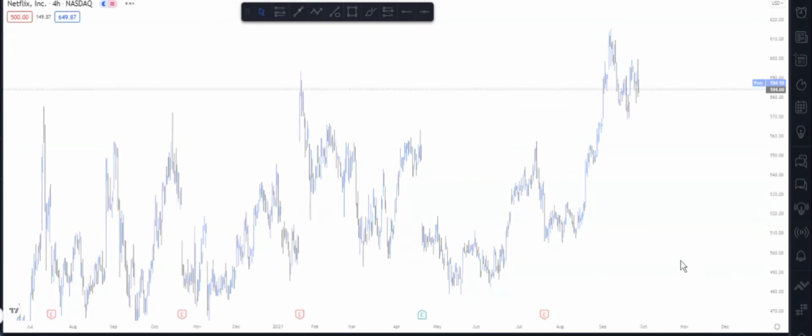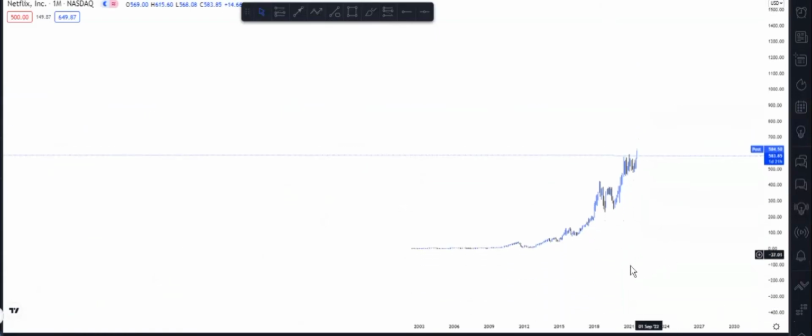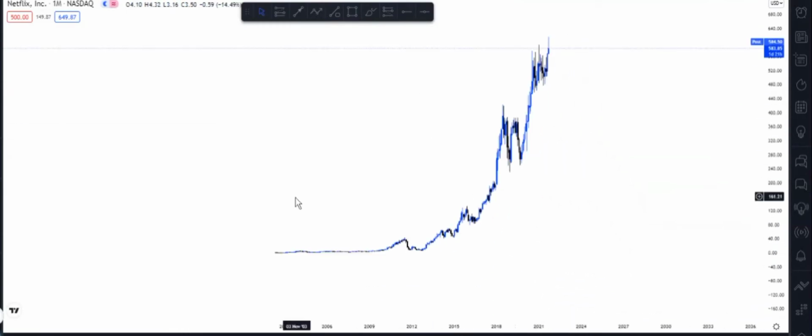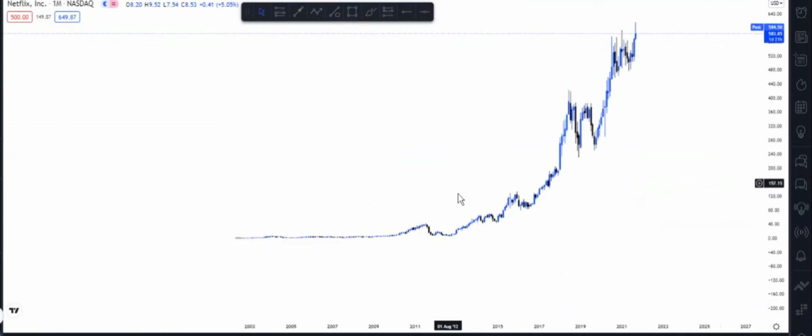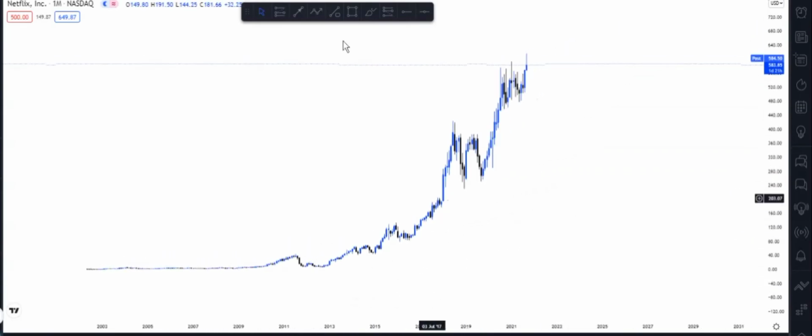So we're going to start from the monthly time frame and see what's happening and what we can get from it. So this is the monthly time frame. The idea of smart money concepts is that you don't need plenty of information or many data points to analyze. Just a little bit of data, and you know what to do. So lo and behold, this is Netflix, and it's obvious this is an uptrending market.